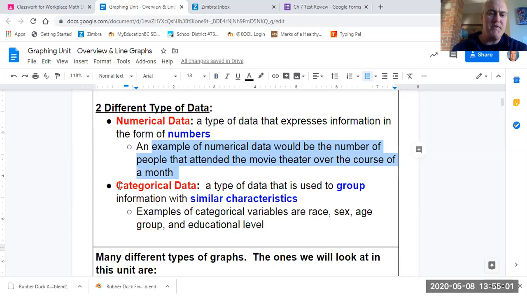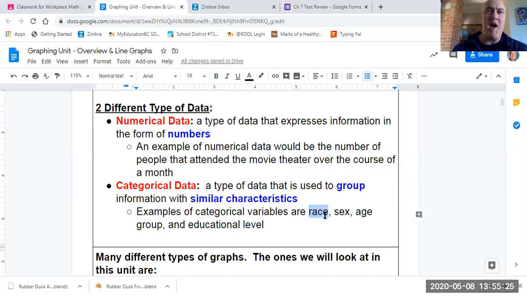Now there's another type of data that we can also graph, and that's what we call categorical data. Categorical data is a type of data that uses groups to group values or information of similar characteristics. Examples of this may be that we keep track of how many people fall within each different type of race within a country.